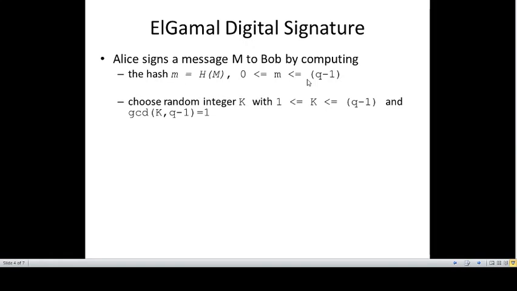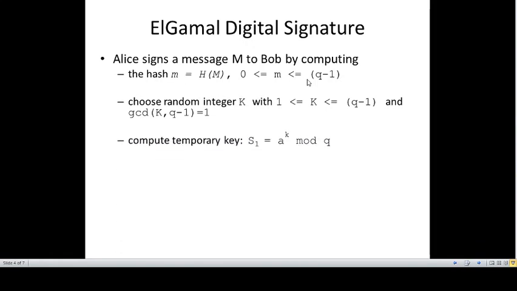If you can recall back to the Elgamal encryption, what were we doing over there? There also we were generating two ciphertexts, C1 and C2. Similarly, over here we are generating the signature in two pieces, S1 and S2, by selecting this random integer.